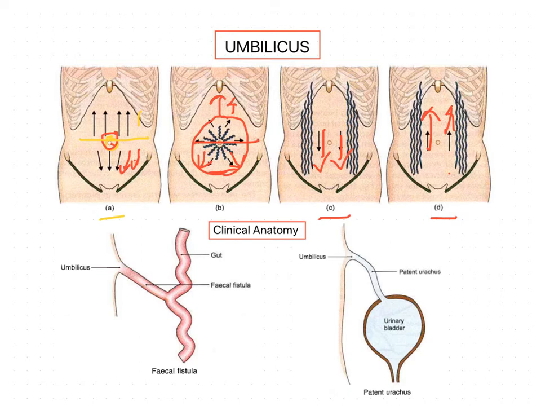Normally all these three ducts have to close after birth, but still some connections are present after birth also, leading to some deformities. One is the remnants of the vitellointestinal duct, that means the digestive tract, which may form a tumor at the umbilicus.